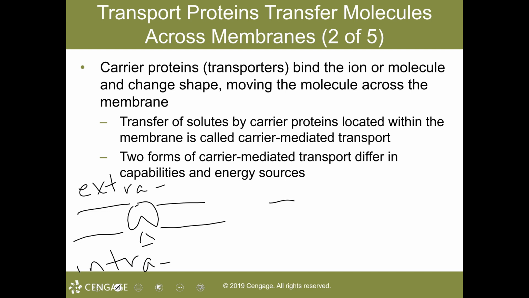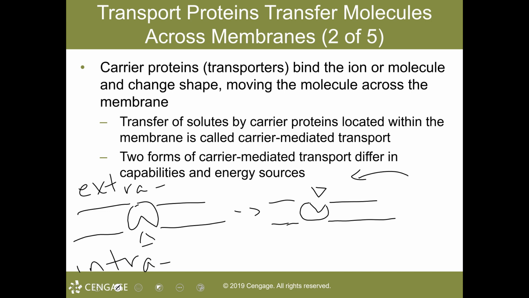Then that carrier protein will change shape, and as it does, it will allow that molecule to leave the cell, because I noted that it's extracellular here. So that's that shape change, and you go from left to right.